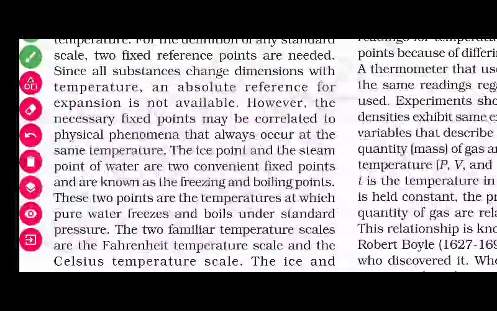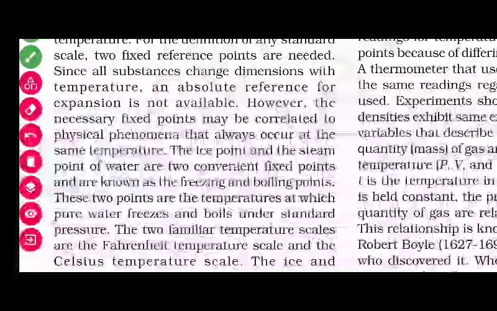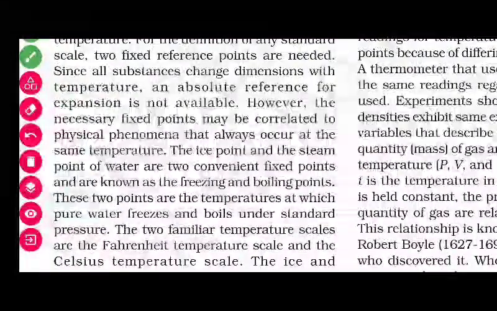The ice point is the melting point, and the steam point is the boiling point of water. They are fixed for pure water at least, at 0 degrees and 100 degrees Celsius. So we have taken two reference points: the temperature where water freezes, which is always fixed, we take as 0.